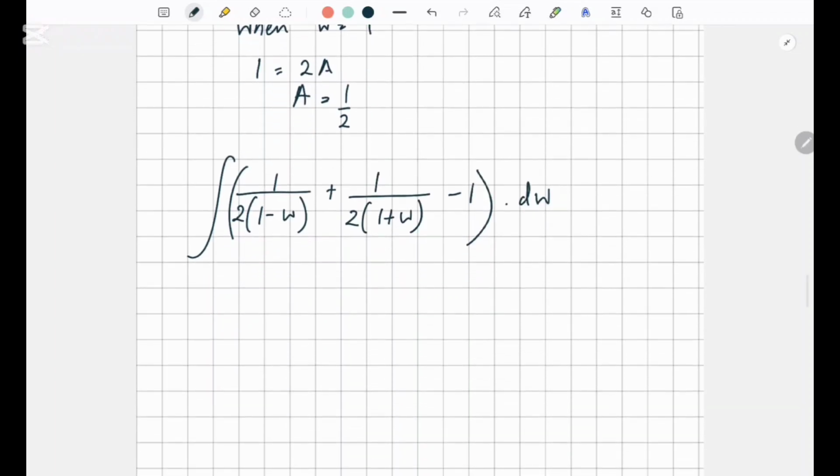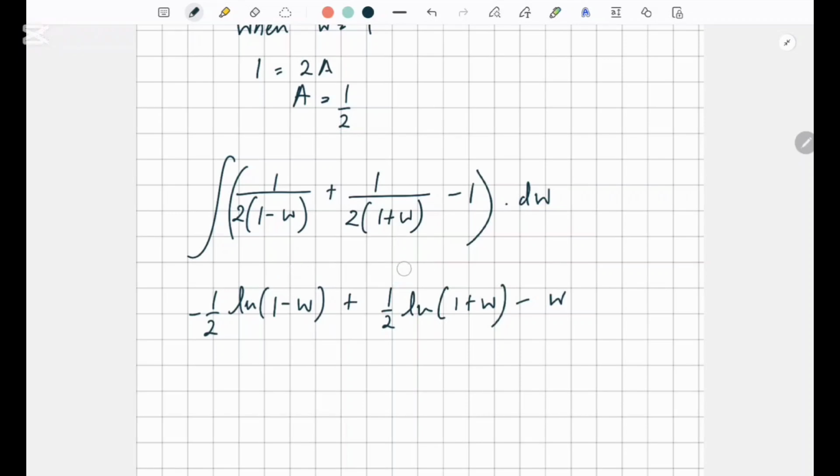Now the integrals of these, I don't even have to do it, it's really easy. So it's negative half ln(1 minus w) plus half ln(1 plus w) minus w. Now if you guys have any doubts with these integrals, please drop a comment.